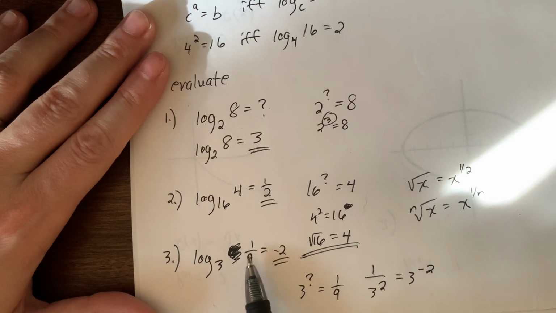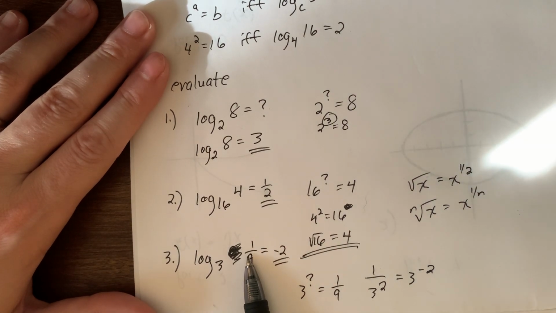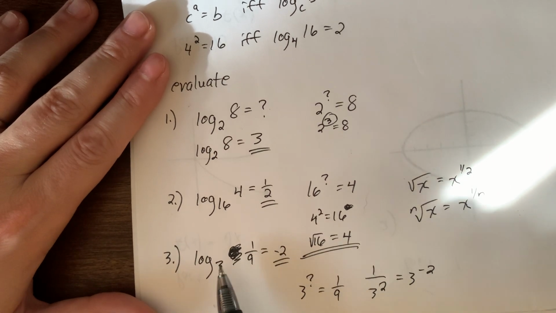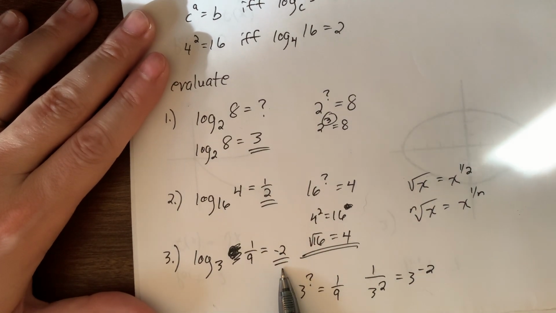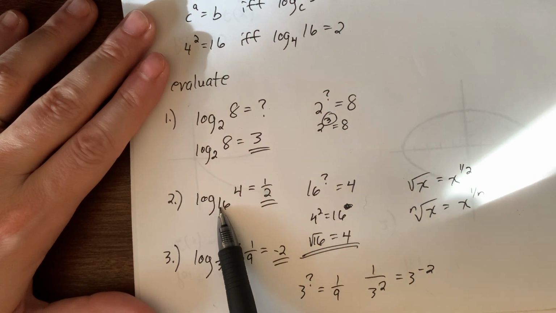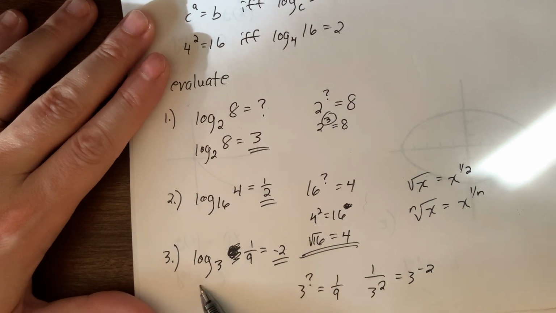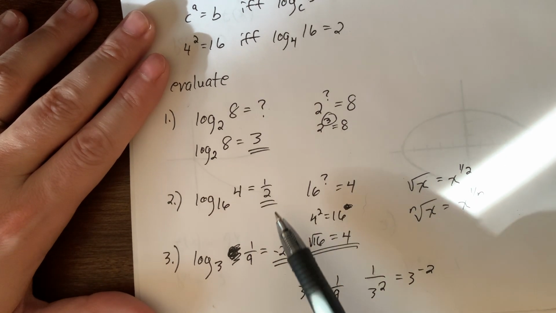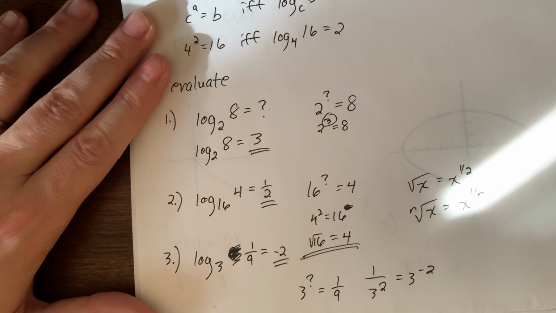The inner piece, which we formally call the argument inside the log function, if your argument is a fraction, that's the result of a negative exponent. And if your answer is smaller, that normally comes from doing some radical. It's not always a square root. It might be a cube root or a fourth root, but that's where we'd end up with fractional answers.